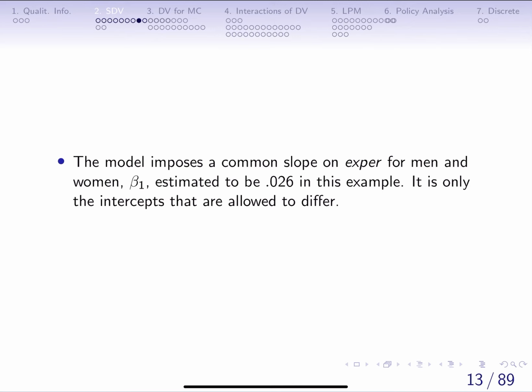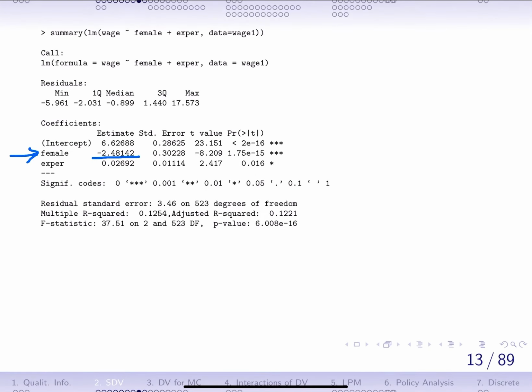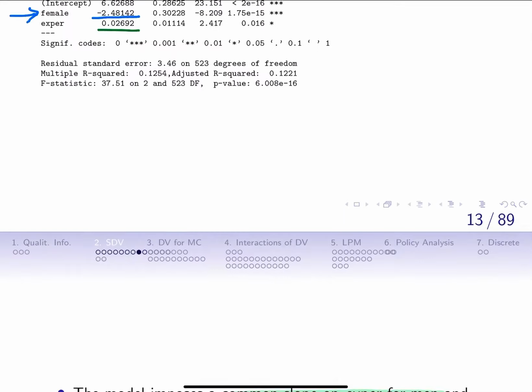Okay, now there's another problem with this model because we are assuming that there's a common slope on experience for both males and females. Okay, and we are basically denoting that by beta 1, and we estimated that to be about 0.26.